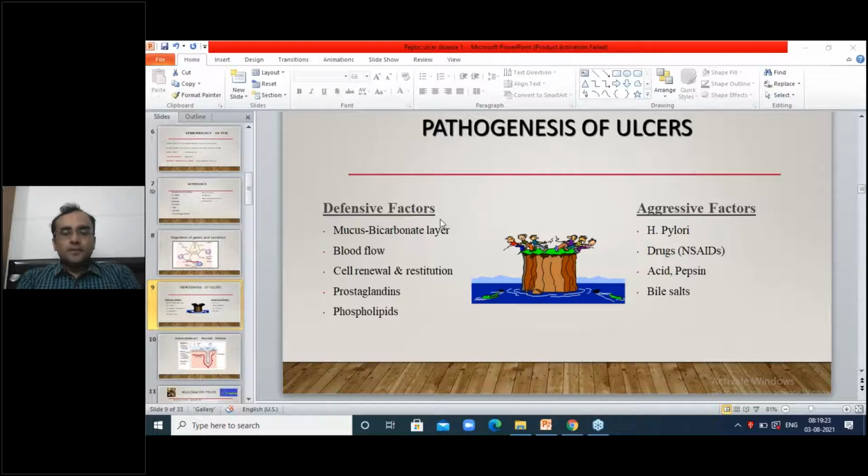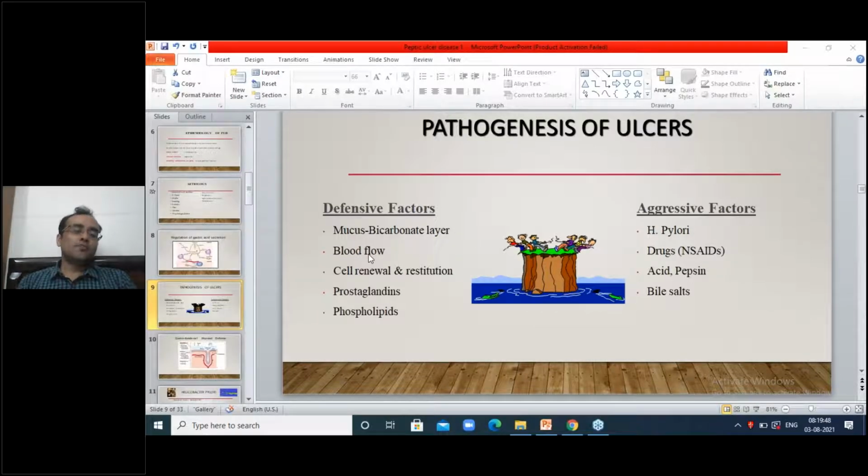The various defensive factors which protect the gastric mucosa are the mucus layer and the bicarbonate. The mucus layer contains bicarbonate, and it also contains various mucins, which are specialized proteins which protect the gastric layer from getting disintegrated and prevent the formation of ulcer.